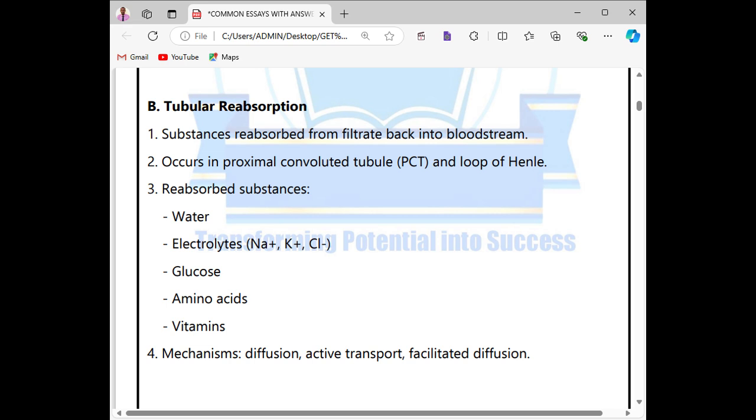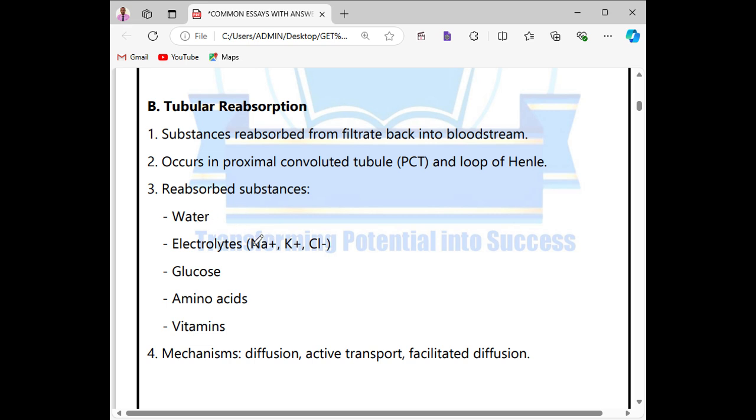This tubular reabsorption occurs usually in the proximal convoluted tubule and the loop of Henle. So these are some of the contents which are normally reabsorbed.